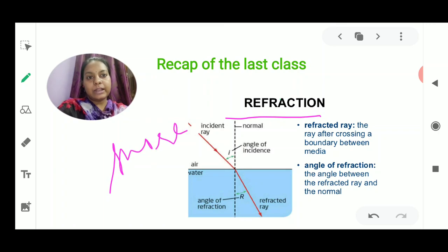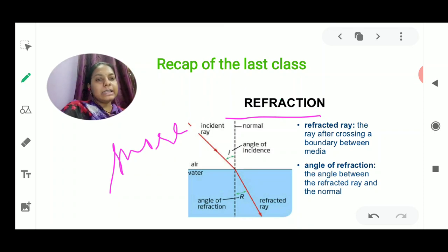The medium where the speed of light is less is known as the denser medium.